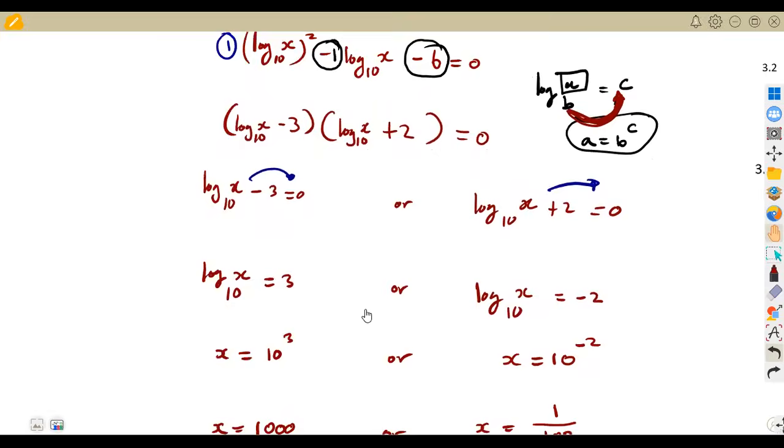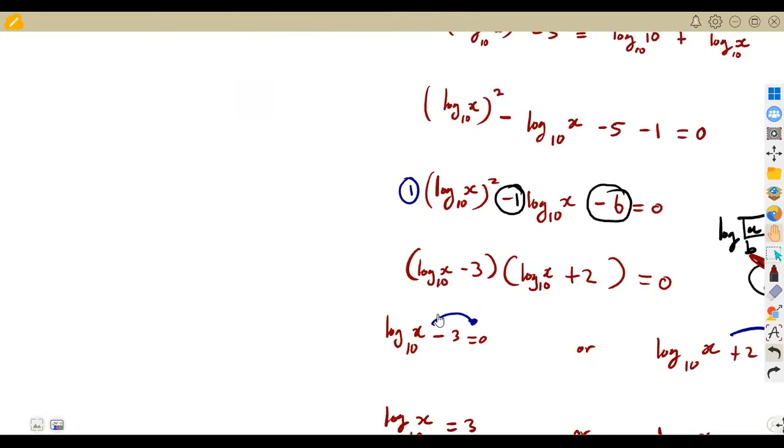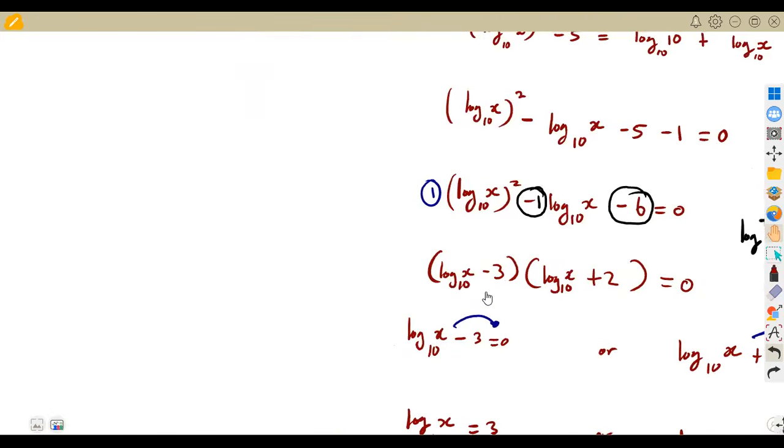Like I said, on this equation someone could have taken it that way, from this part here.